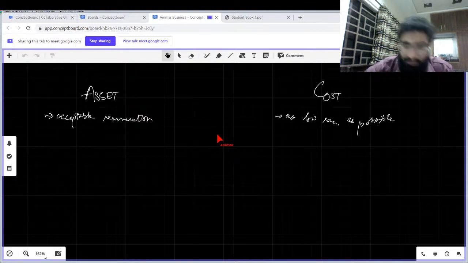Okay, any other difference that would be there in the business if it treats its employees as an asset or as a cost? Happier working conditions.